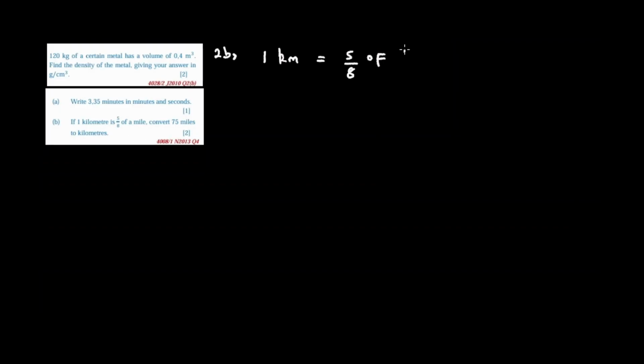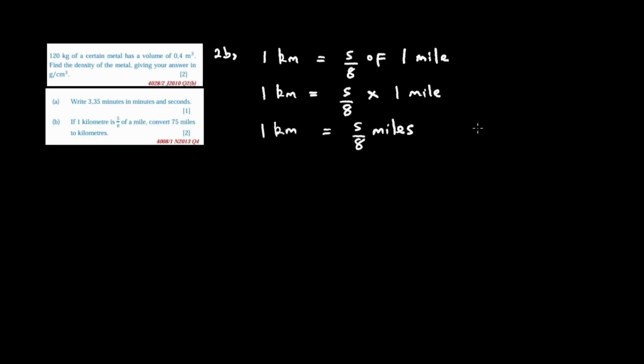A mile here is 1 mile, and 1 kilometer is equal to 5/8 of 1 mile. That means 1 kilometer is equal to 5/8 times 1 mile. In simpler terms, 1 kilometer is 5/8 miles.